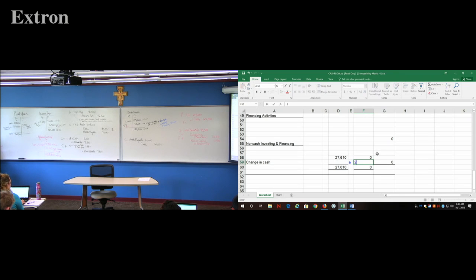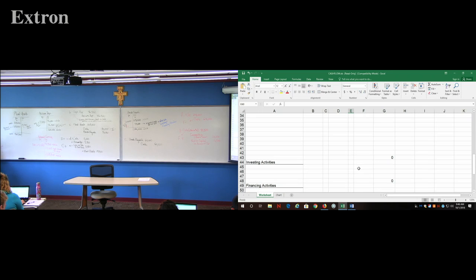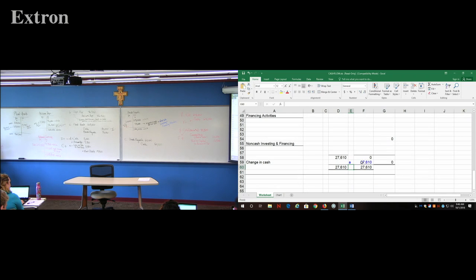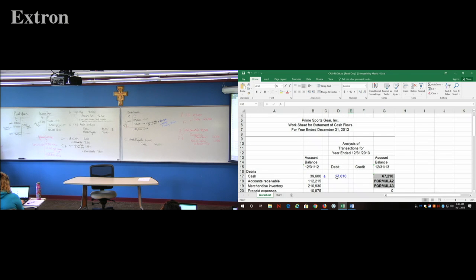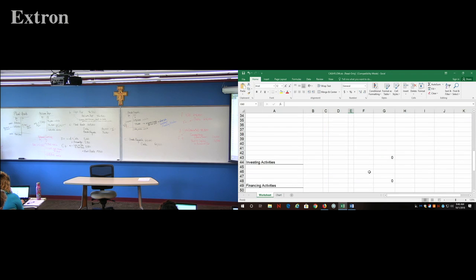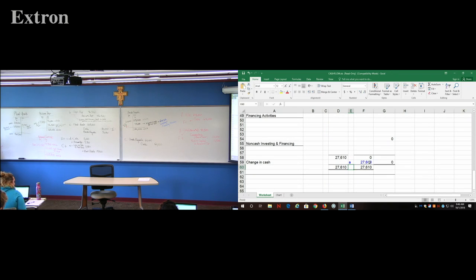And I'm going to insert that same number, 27,610, in my change in cash in column F. That goes in column F because I already have a debit over here. My cash went up, right? But I do need a credit. This doesn't make a whole lot of sense right now, but I promise you it will once we get the rest of this in here.